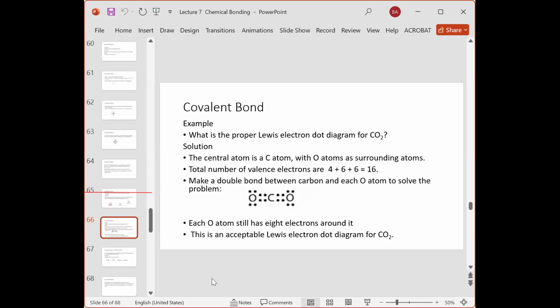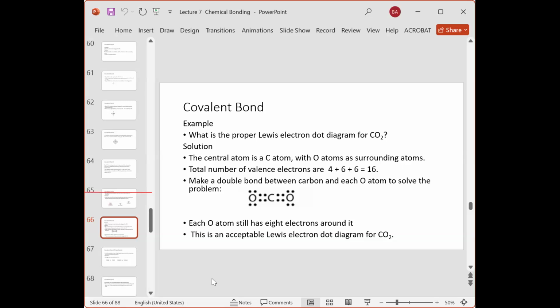Like I said, this is not obvious when you get it. So how are we going to satisfy them? You have 16 electrons; carbon's valence is 4. Oxygen has 6 each.